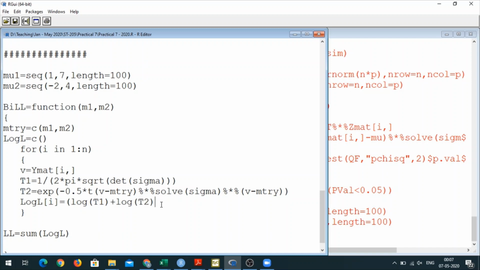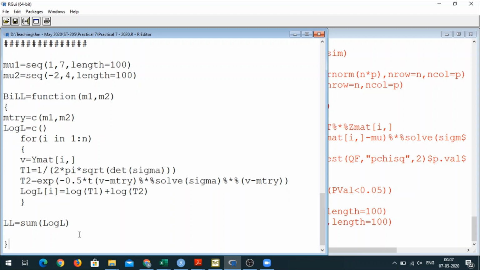I don't need this bracket, I can delete it now. And then I have to do this for all n observations, keeping my mu constant. Sigma anyway we are assuming to be known, and we will return this final log likelihood, which is the sum of log likelihood of all the observations.